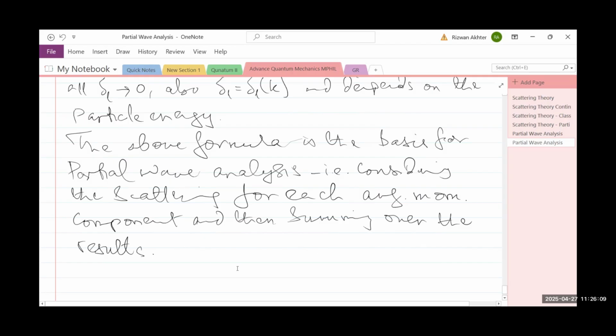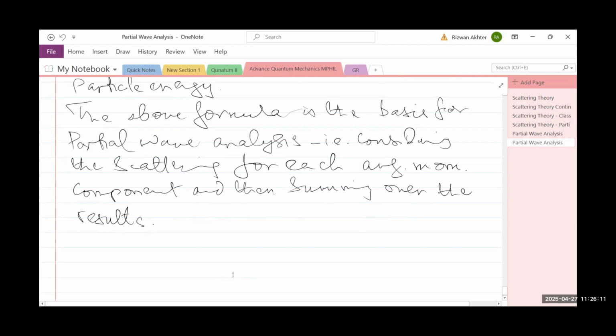Another thing we can see from these formulas is which components would be effective and which components would be less effective. From the formula, it is seen that small L values contribute most and large L values would contribute less. This is one of the observations.